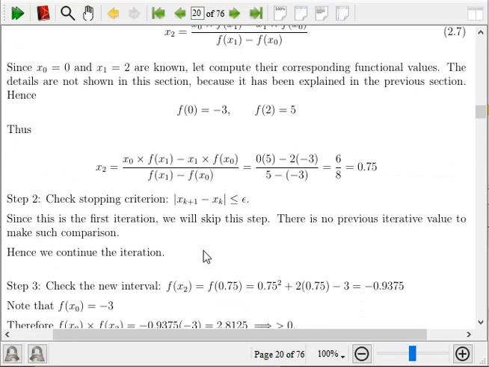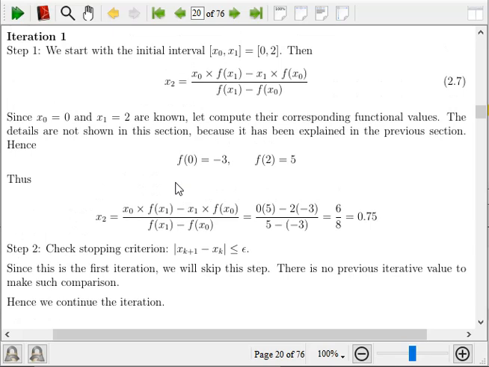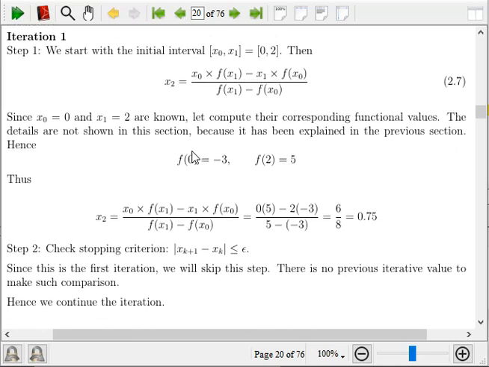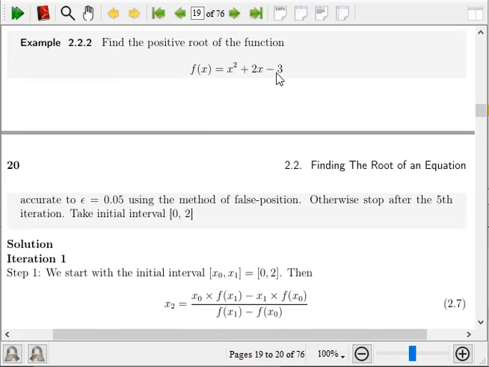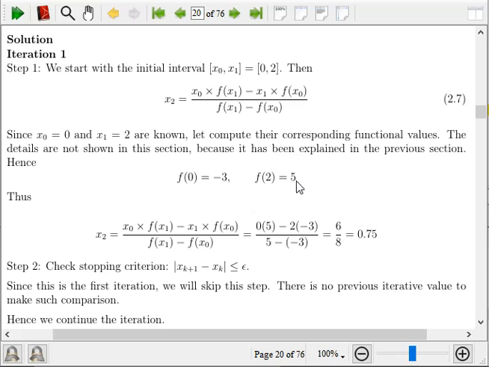Those are the functional values, and we will definitely stop when this interval is less than the tolerance. But from above, the functional values, as we explained in the bisection: when x is 0, we get -3, and when x is 2, that is 4 minus 3, that is 5.